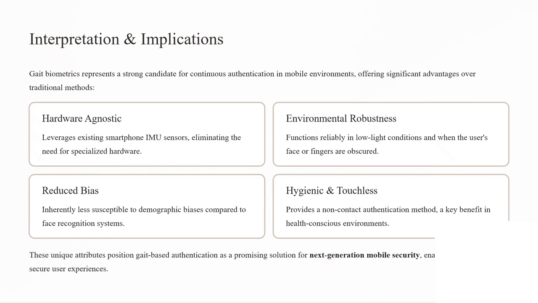These qualities make it especially well suited for mobile environments where seamless, non-intrusive, and privacy-preserving security is increasingly important. All these aspects compared to other authentication systems we have seen before in slide 2.